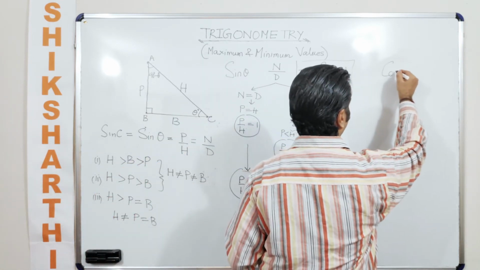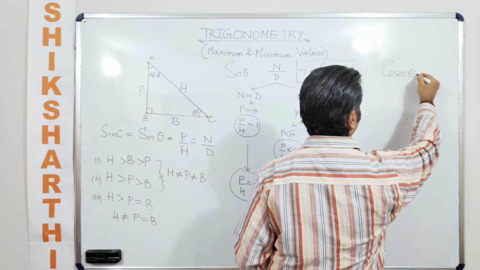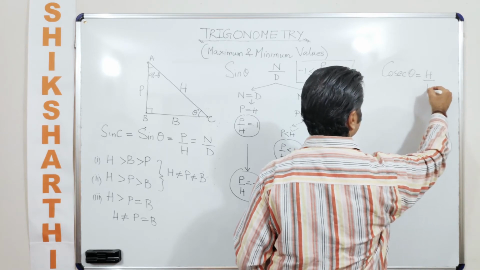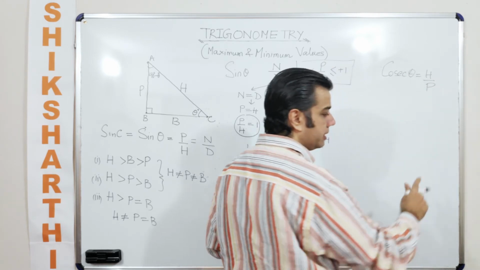Cosec is the reciprocal of this. Cosec theta we know is hypotenuse upon perpendicular.